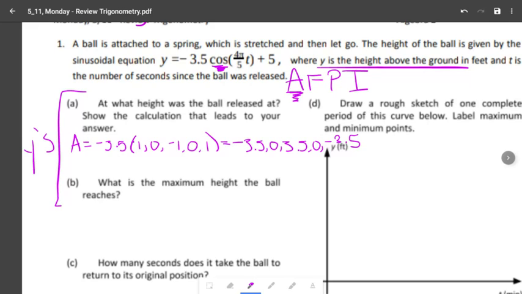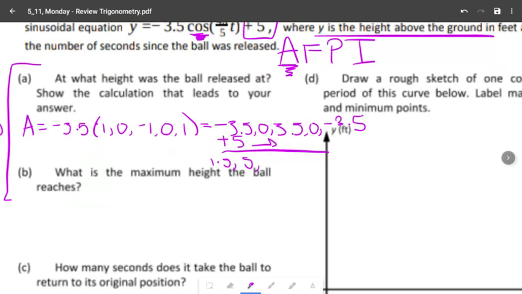But then this one also has a vertical shift of plus 5. So we are going to add 5 to all of these. So negative 3.5 plus 5, we get 1.5. 0 plus 5, we get 5. 3.5 plus 5, we get 8.5, and so on.